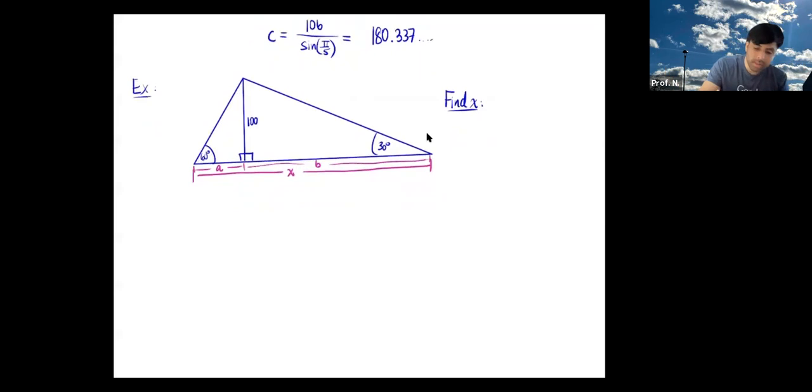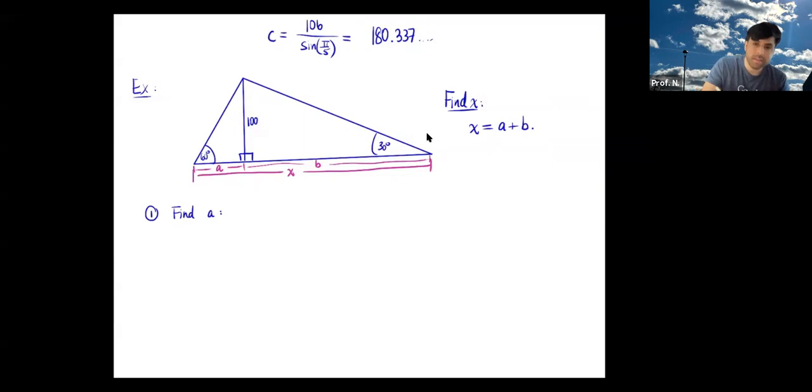So I want to find A first. X is really going to be equal to A plus B, so I need to find what A is. Well, A here is going to be the adjacent side to the given angle 60, and this will be the opposite, 100.